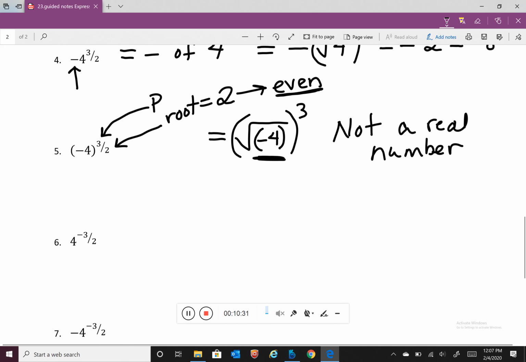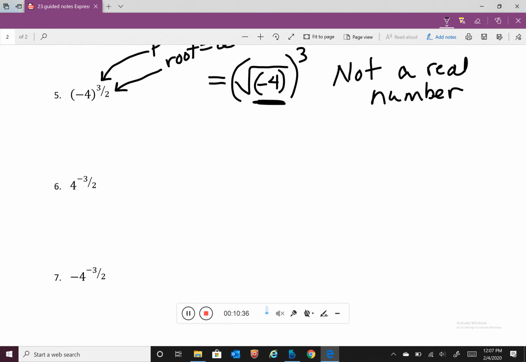Problem number 6. Now the negative is not part of the base. It is not a coefficient. The negative is now part of our exponent. So if we remember, if we have a negative exponent, that means we're going to take the base and move it from the numerator to the denominator.